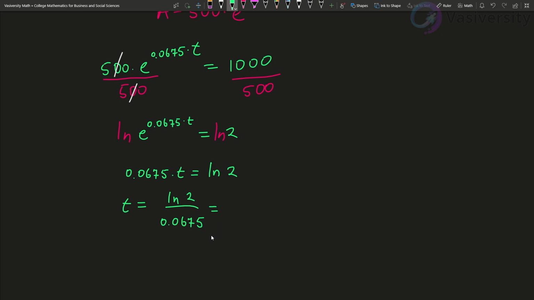And if we plug it in a calculator, we're going to get roughly 10.27 years. So in just over 10 years, the principal money which we put in at 6.75% annual interest compounded continuously will double. All right, perfect.